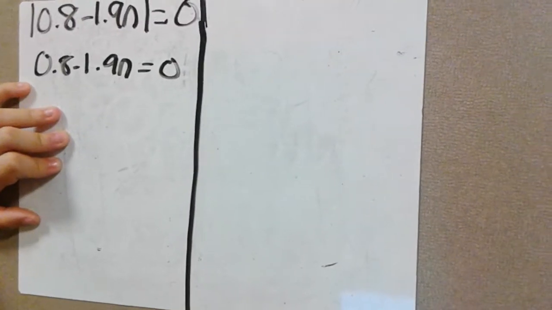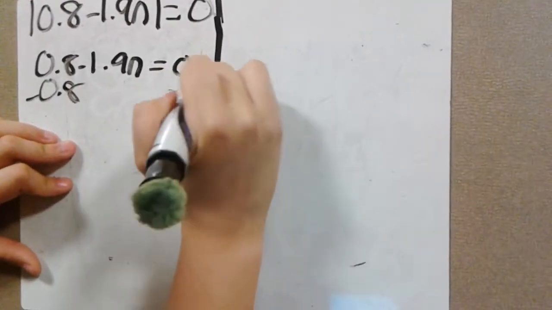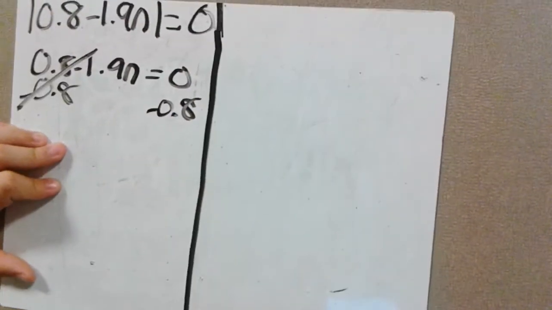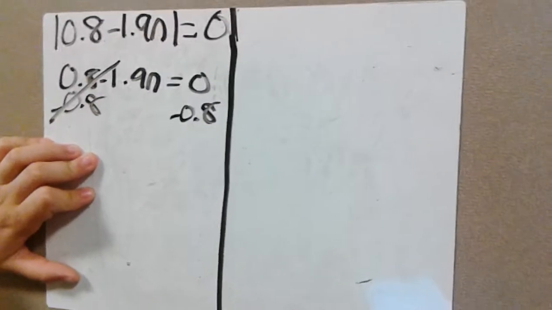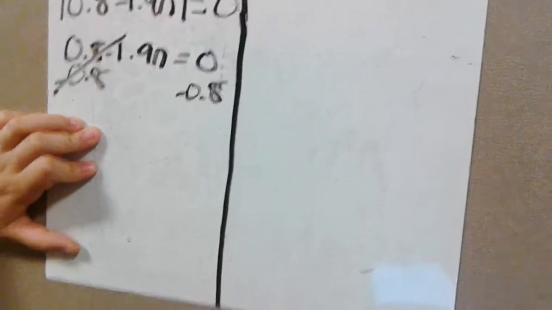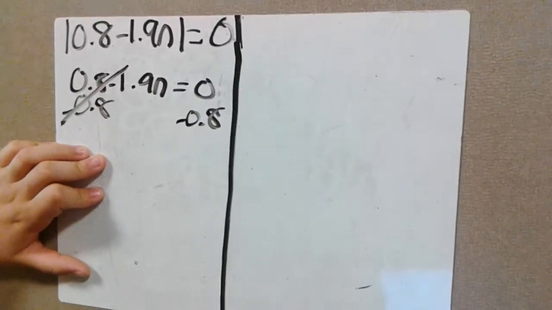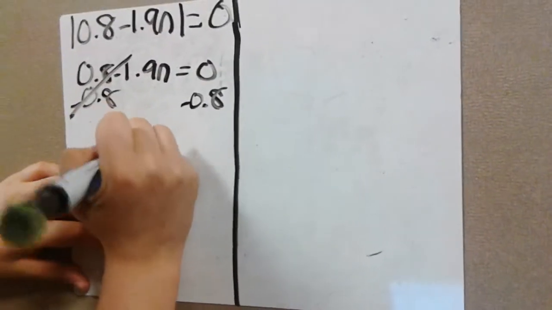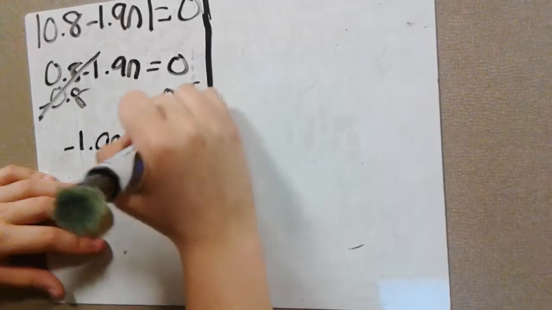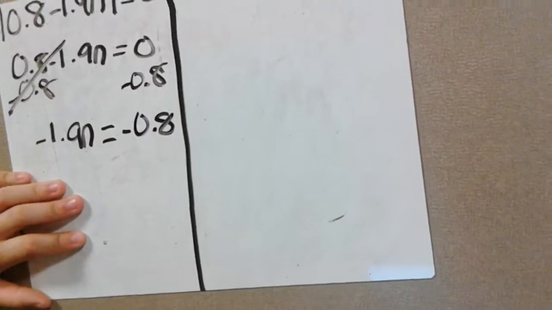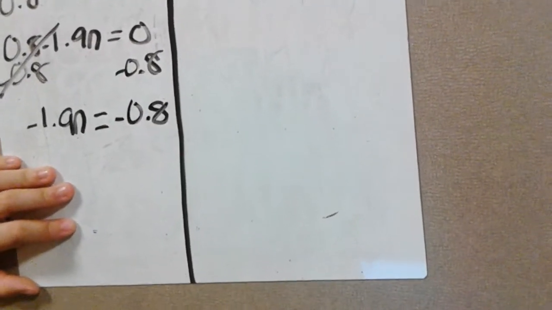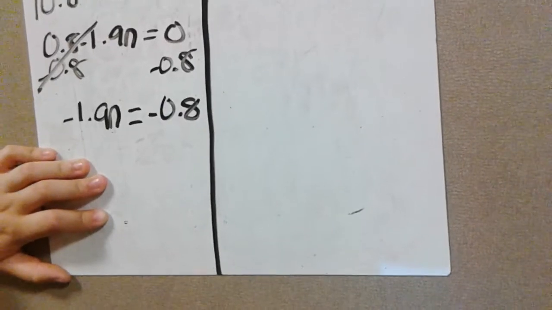And then we subtract 0.8 on both sides. Minus 0.8, minus 0.8. That leaves us with negative 1.9n equals negative 0.8. So we divide by negative 1.9 on both sides.